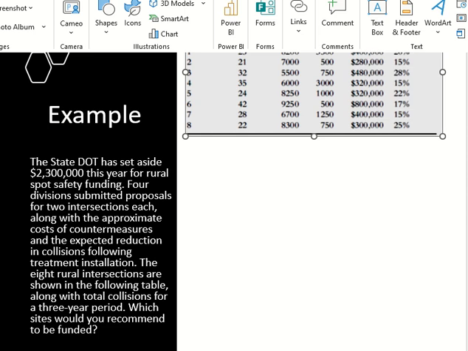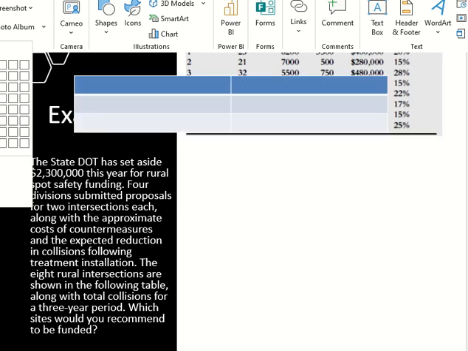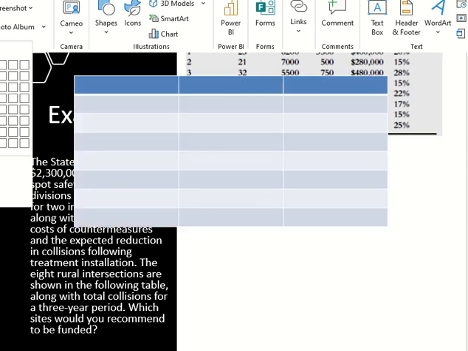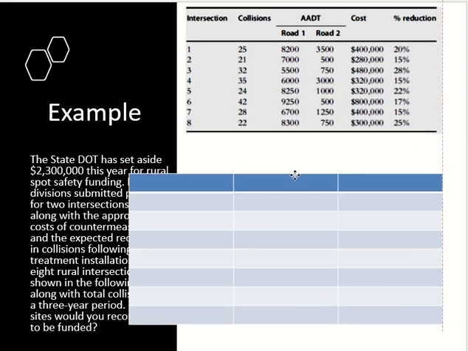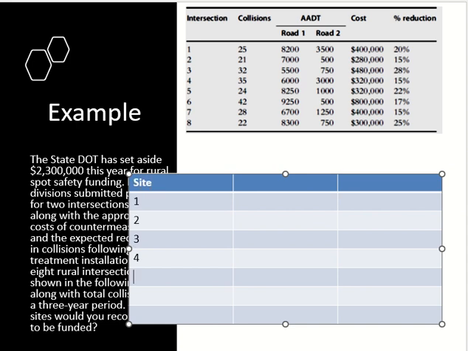So first thing we will do is calculate the total volume. Site 1, 2, 3, 4, 5, 6, 7.